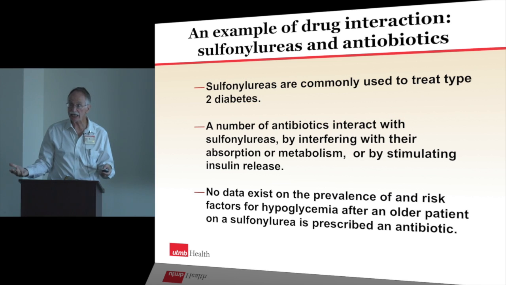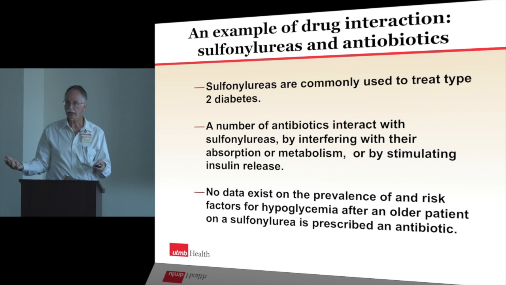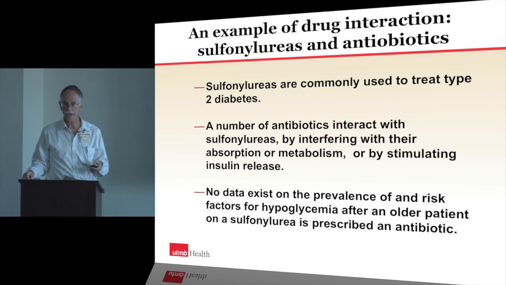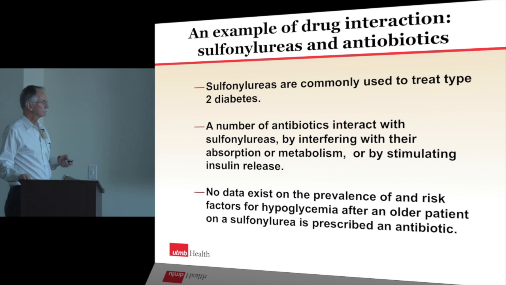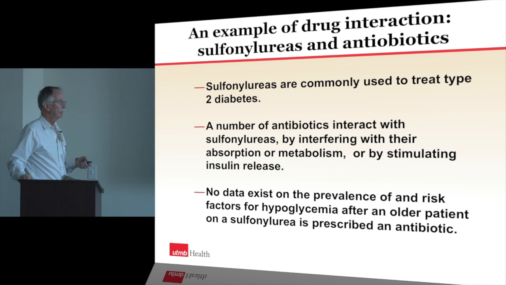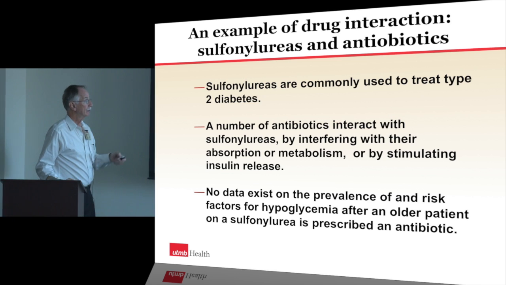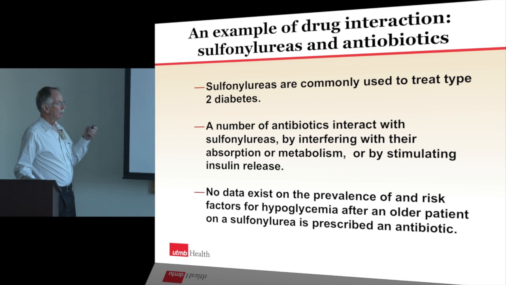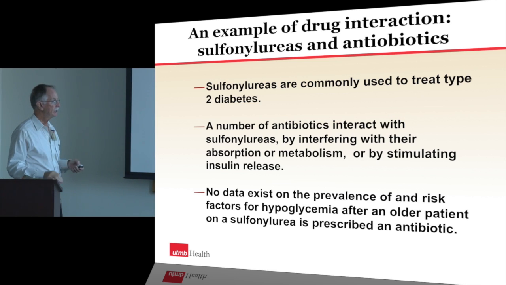And there's not that much data on it, because you're not going to get those data in clinical trials, because you're not going to allow the people who are on these other drugs into clinical trials. But we know theoretically that antibiotics interfere with sulfonylureas by P450, the detoxifying system, and by other mechanisms.